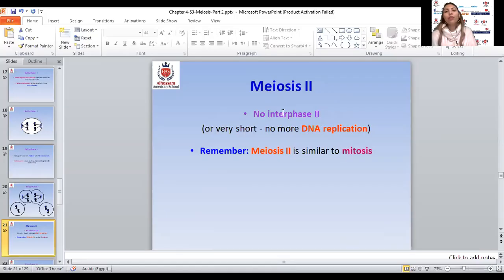But here there is no interphase 2, or it's very short, with no more DNA replication. And remember, meiosis 2 is similar to mitosis. So mitosis-like division happens during meiosis 2 only. Why? Because we start with a haploid cell and end with 2 haploid cells, so the same number of chromosomes.